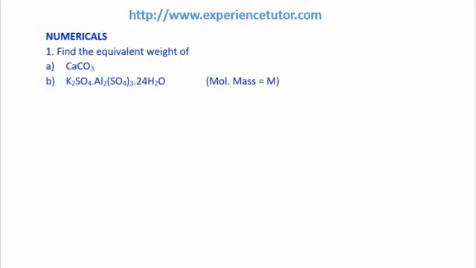Let us solve a few numericals to get a clear concept on equivalent weight. So the problem is, find the equivalent weight of calcium carbonate.